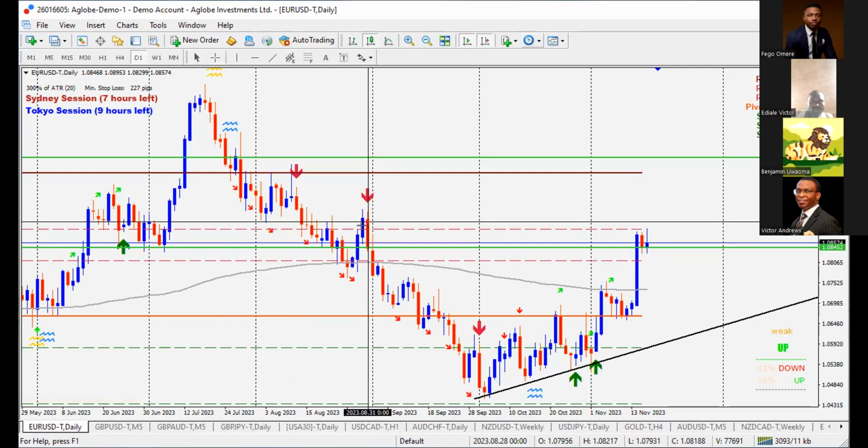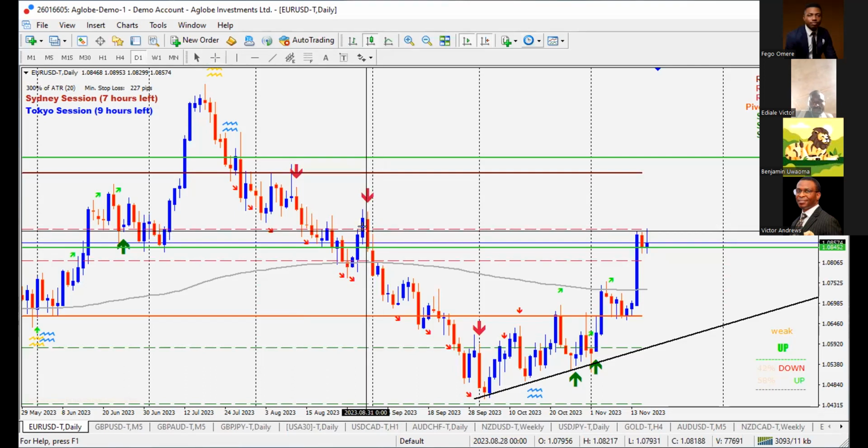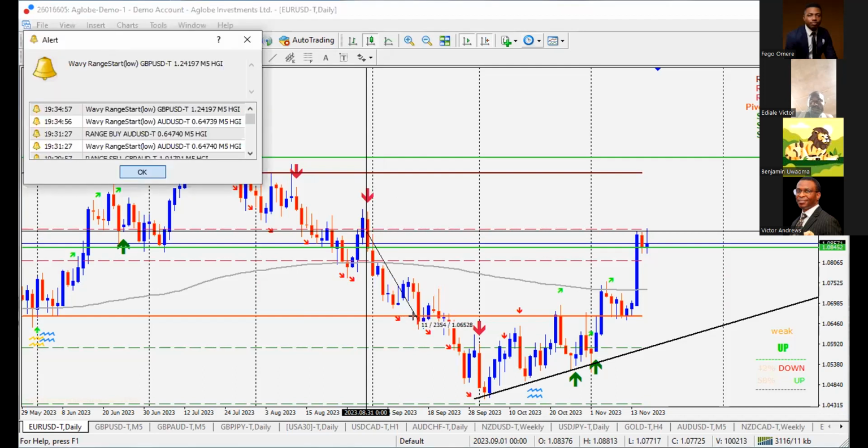If you had entered this trade on a sell, your stop loss would have been 112 pips. Let's say 120 pips. And to the downside, you can see the move over 243 pips. Okay? Now, even if you leave it to run, you can see how far it ran to the downside, to about 417 pips.